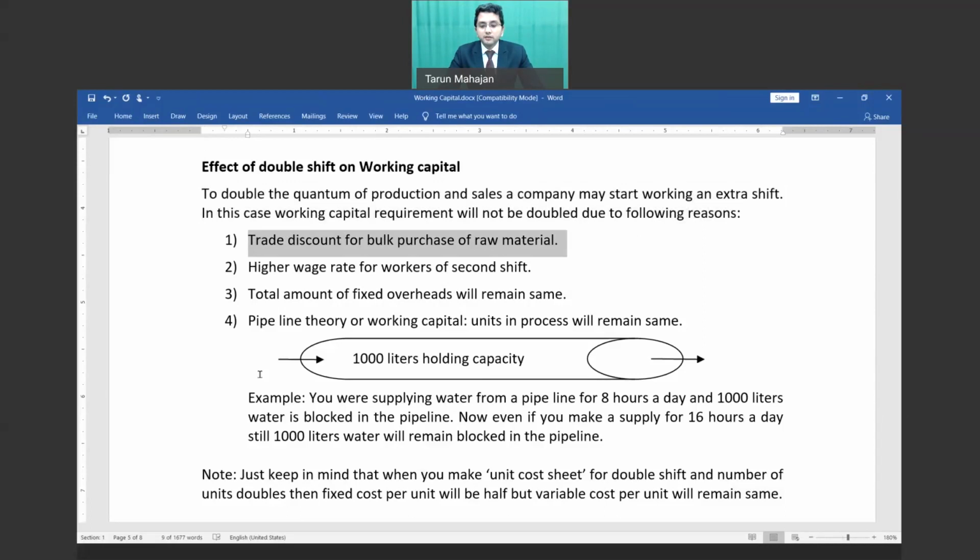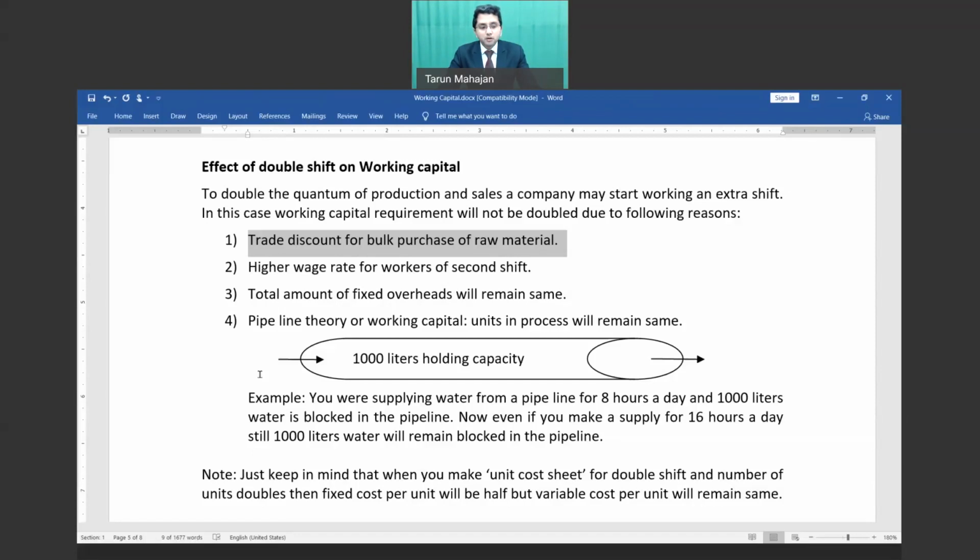Number one, the trade discount or bulk purchase of raw material. When I work in double shift, I will consume double raw material.